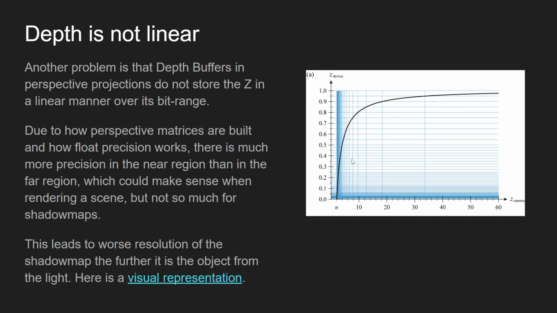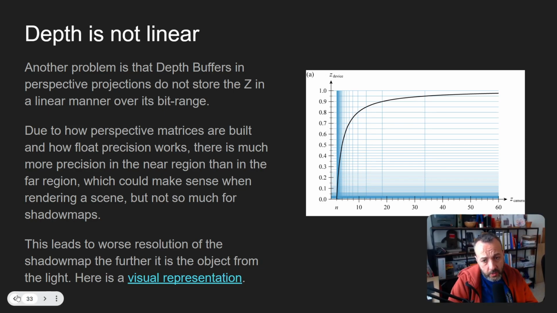Another problem that's good to understand, and this may sound strange to you, is that the depth buffer is not stored linearly. It would take me half an hour to explain all this, but let's think that when you store data in a variable, we usually work in linear, so we use the same amount of bits for the difference between 0.1 and 0.2 as for the difference between 0.9 and 1.